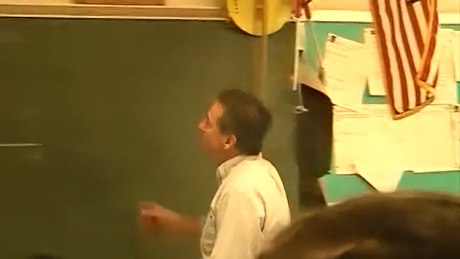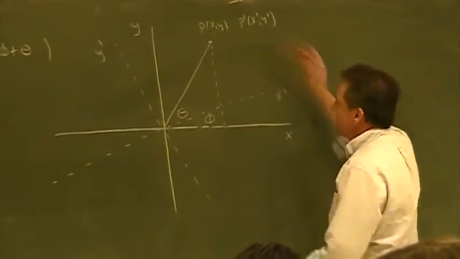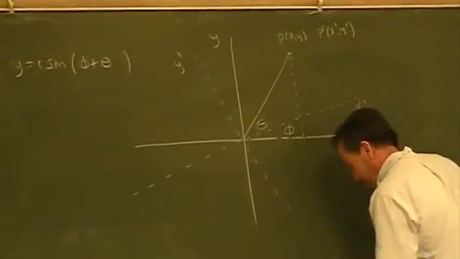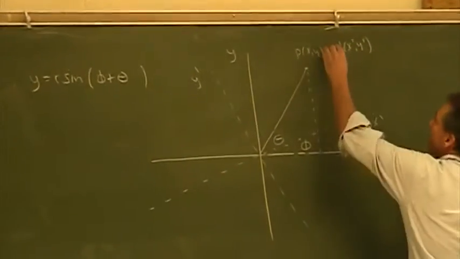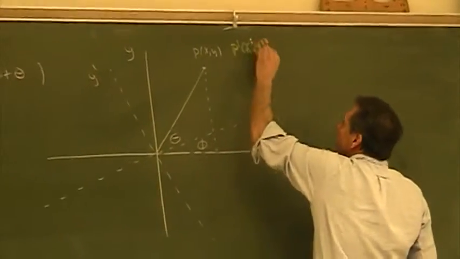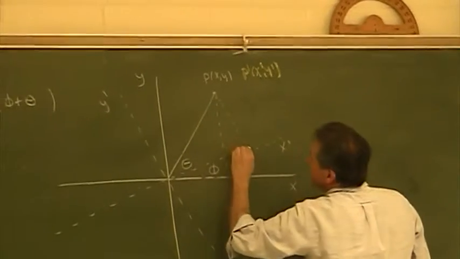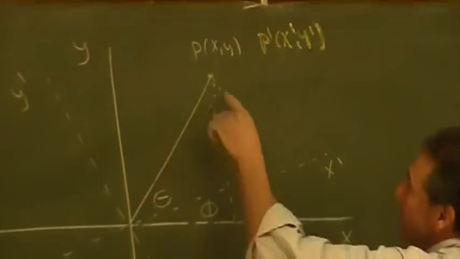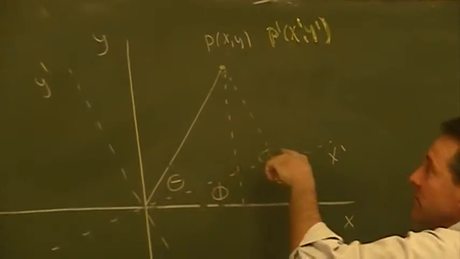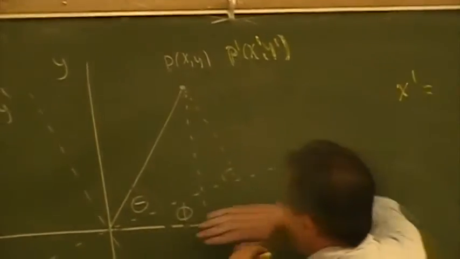Okay. Now I'm going to find x prime and y prime. So now you're going to turn your head sideways. This is in yellow. Now I'm looking at this triangle. So what's x prime equal? You're ignoring this.